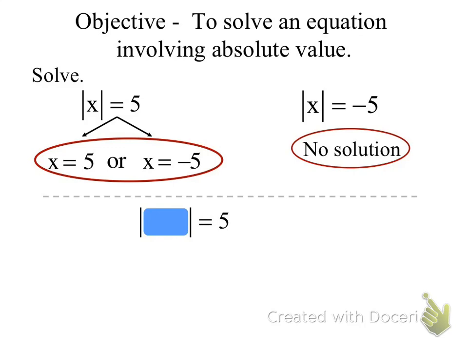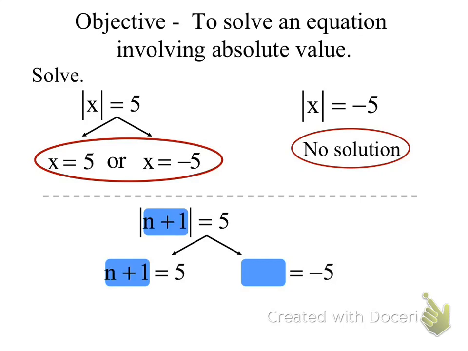So we have to account for both the negative value solution and the positive value solution. So what we do is we take the absolute value and we branch it into two equations, one set equal to the positive and one set equal to the negative value. And then we solve them.